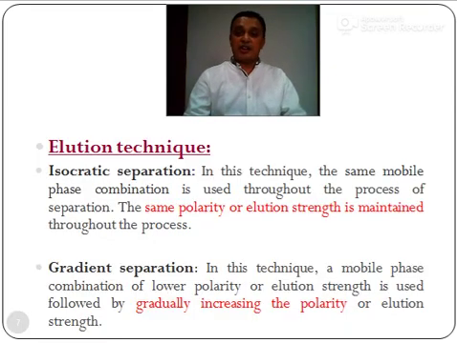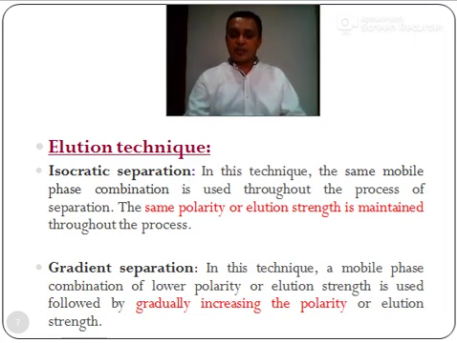Now the elution techniques which are used in HPLC. On the basis of elution technique, there are two types of HPLC, isocratic HPLC and gradient HPLC. In isocratic separation, the same mobile phase, the same solvent system, is used throughout the analysis.